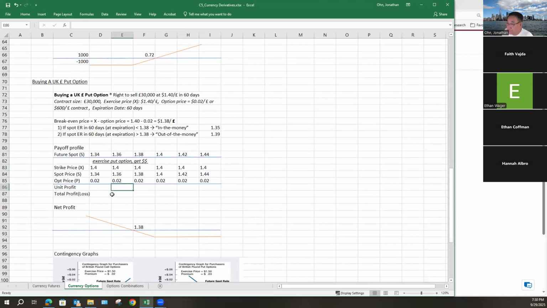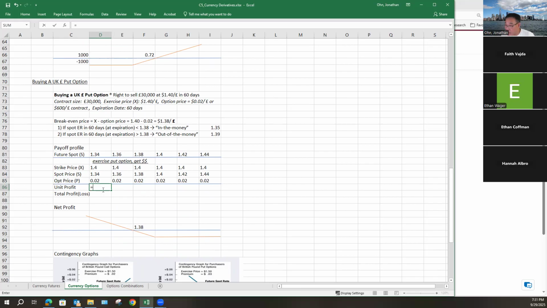Now, as I said, if the future spot rate is less than $1.38, you exercise the put option and enjoy the profit. So how do you do that? You sell it at $1.40, and the spot price is this one.